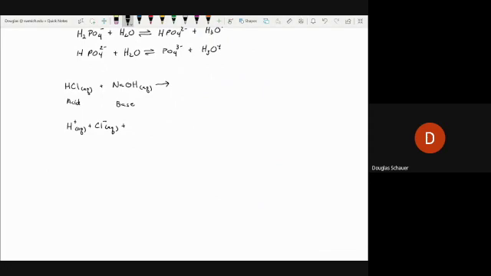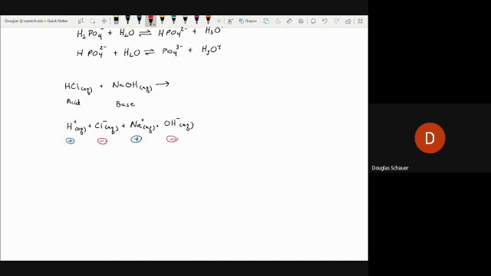Okay, and then the sodium hydroxide will dissociate into sodium cations plus hydroxide. So now we can kind of see where we can swap things out.